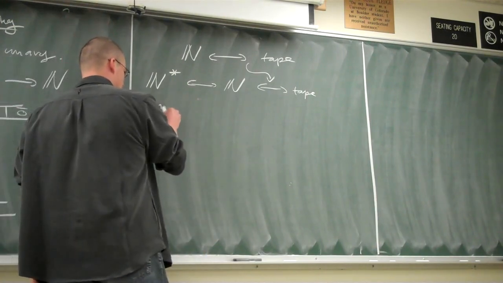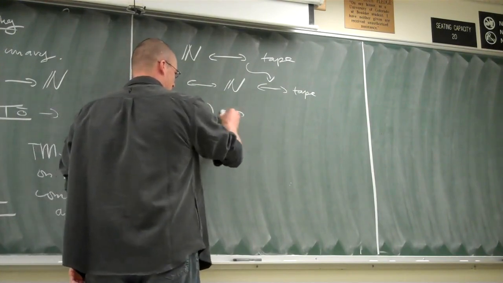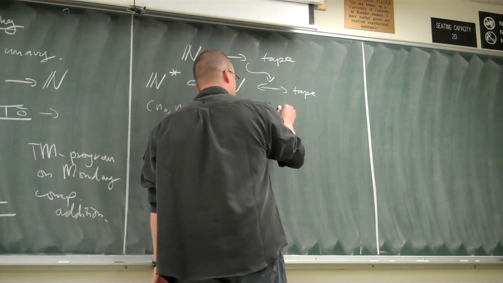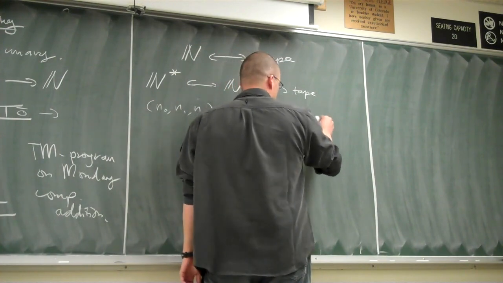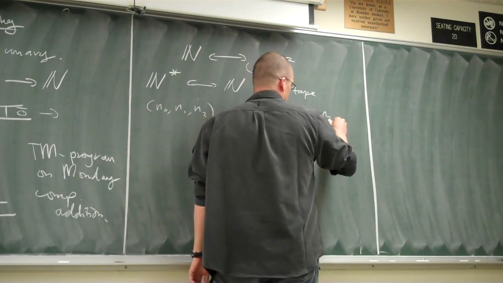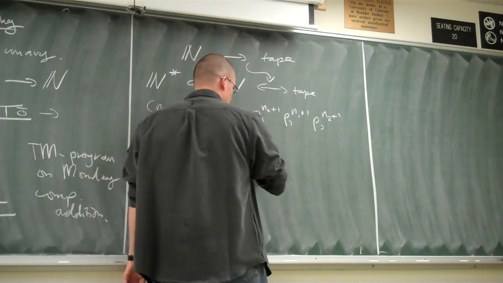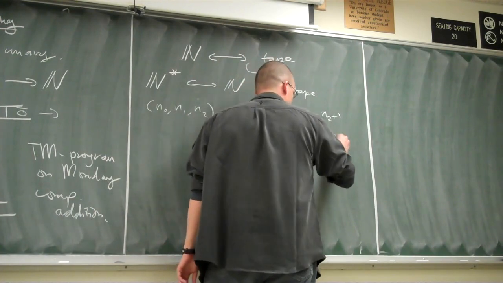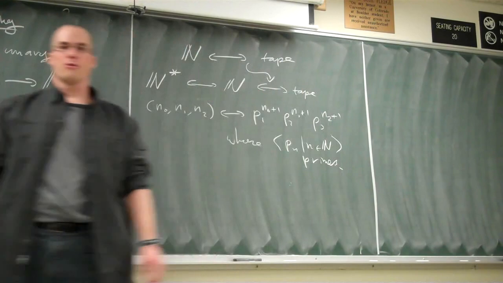One of them is something like if you have n0, n1, n2, you encode this by p1 to the n0 plus 1, p2 to the n1 plus 1, p3 to the n2 plus 1, where pn is an enumeration of all primes.